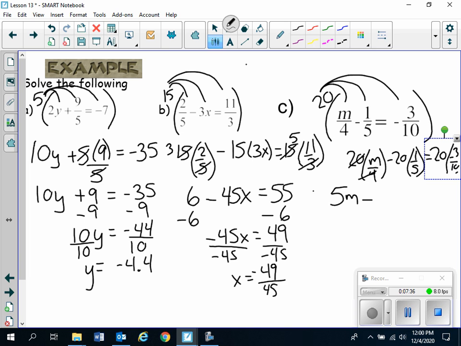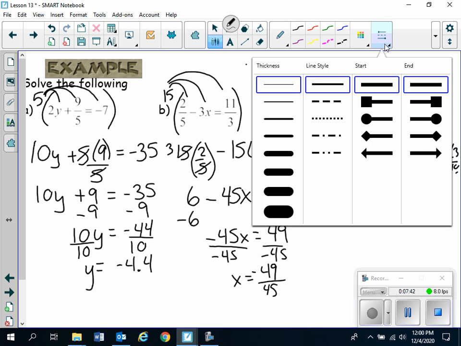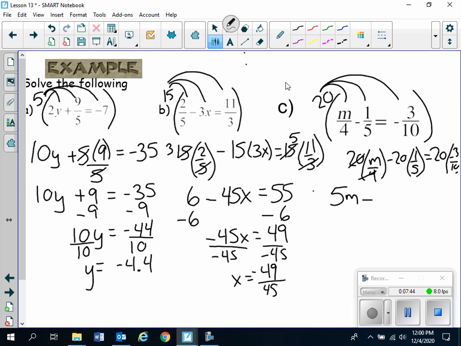Then we have 20 divided by 5. That simplifies into 4. And 20 divided by 10 is 2. We're going to simplify some more. We have to do that multiplication.